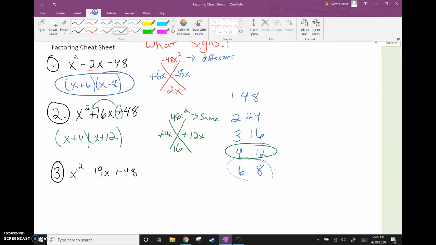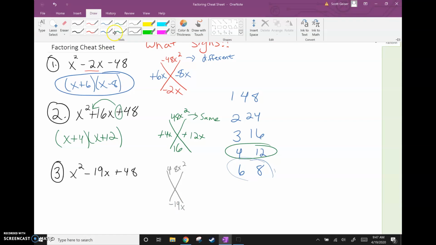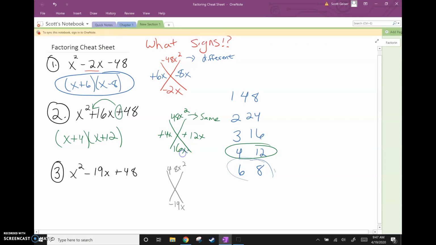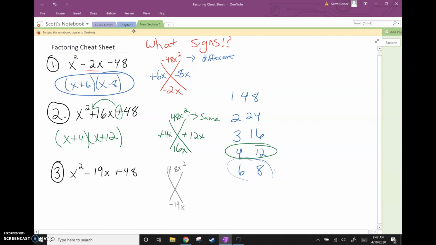And for this last one, I would still have a 48x squared by multiplying, but now I have a negative 19x down here. Guess I forgot that x up here. Since this is positive, they're going to have the same sign.